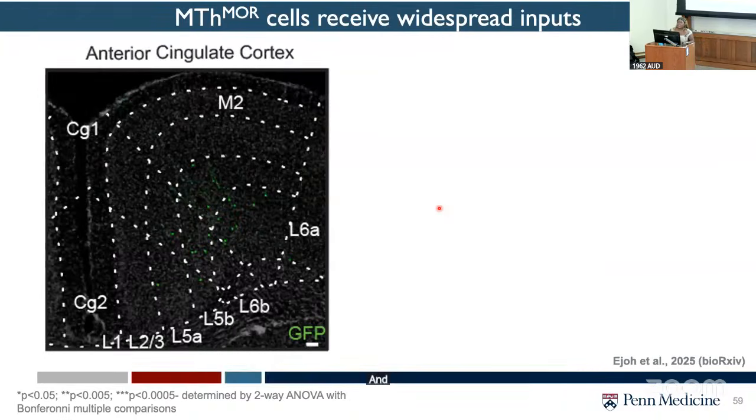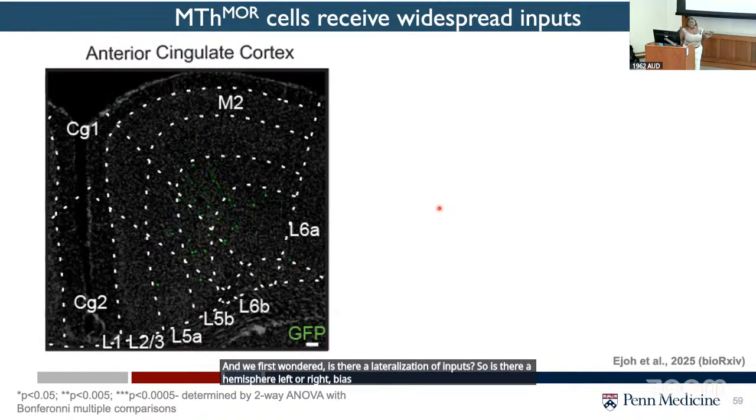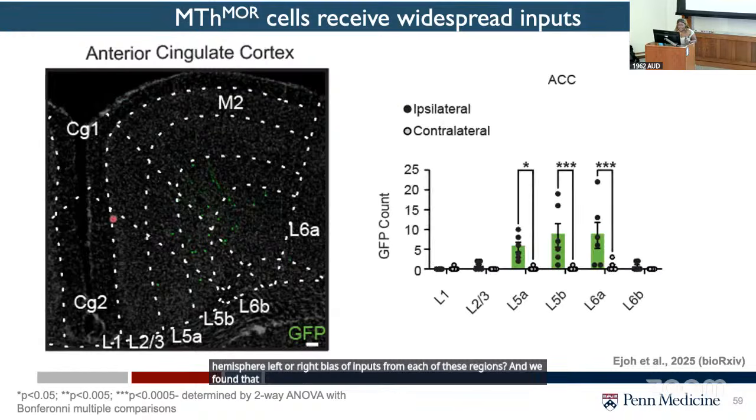And we first wondered, is there a lateralization of inputs? So is there a hemisphere, left or right, bias of inputs from each of these regions? We found that, for example, in the ACC, the ipsilateral inputs, the same side as our injection, greatly outnumber the contralateral ones in several layers of the ACC. Here you see it in layers 5A, 5B, and 6A.